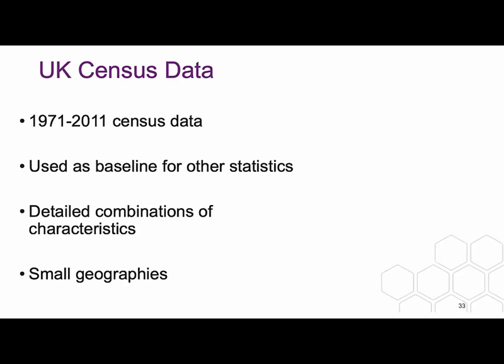So you've got the regular variables and questions: age, sex, health, religion, ethnicity, travel to work, household composition, car ownership. But in the last 4 censuses, new topics such as national identity and whether somebody has a second home were also included. So that's really interesting.